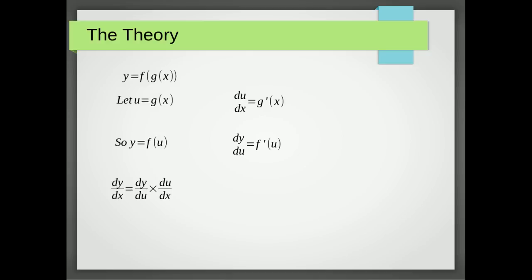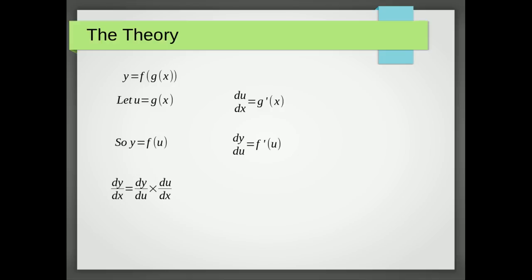Now what we're going to do is assume that in this expression the du's can cancel out, so that we have dy dx equals dy du multiplied by du dx. Now that isn't technically true. It actually goes back to one derivation of differentiation from first principles, where we use delta y and delta u and delta x for small change.